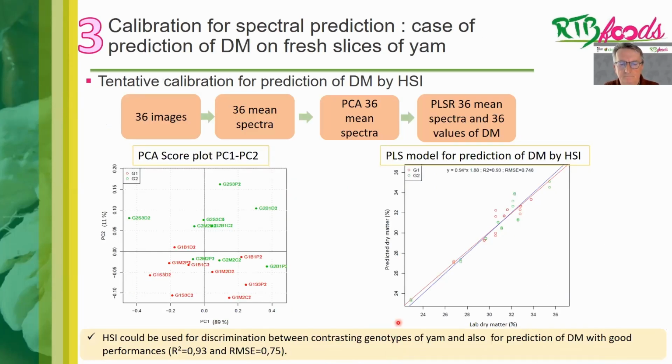And for the third step, when we have done the first and the second step, we can go to the third important step, which is calibration for spectral prediction. Here, we take a case of prediction of dry matter on fresh slices of yam.